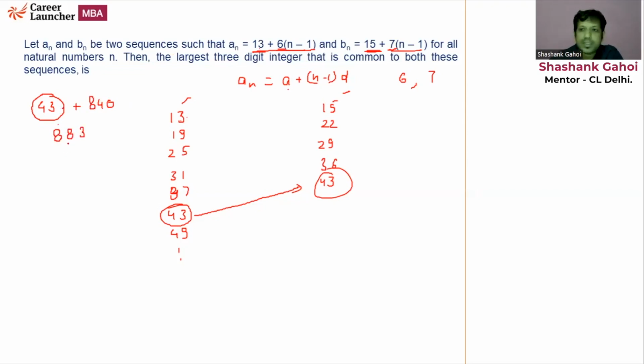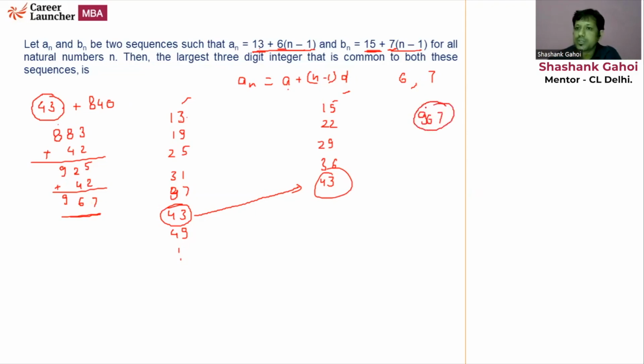It is still not that close, so plus 42, this is going to be 925. Again, I'm going to add 42 for the common term, so 967. If I add 42 again, the next common term is going to be greater than 1000, and that is going to be a 4-digit number. So that's not a possible answer. So the largest 3-digit common number is going to be 967.